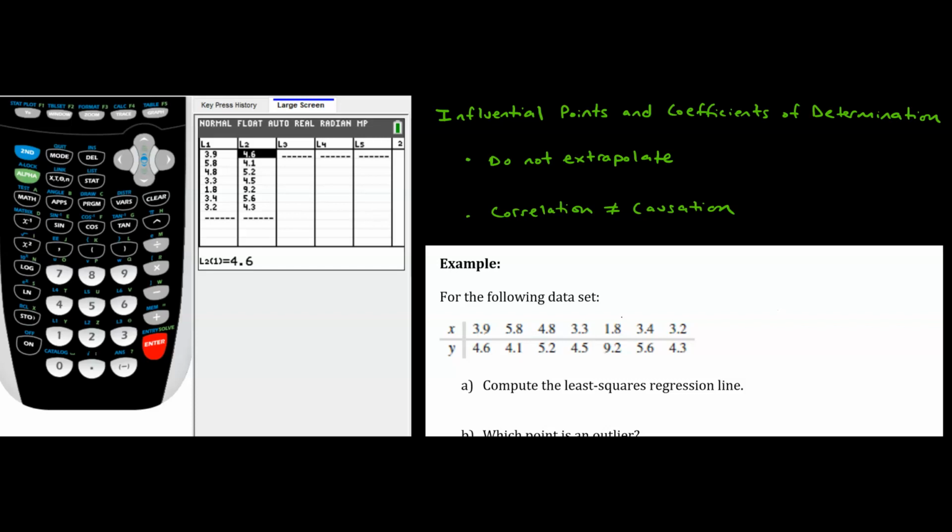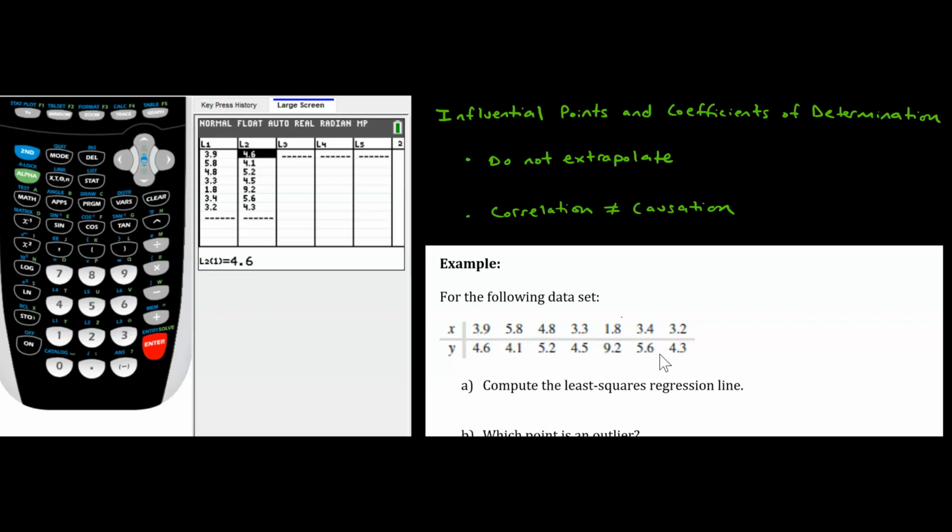You should not confuse that with one variable causing the other. It's also very difficult, even from a statistical standpoint, to prove that one variable is causing the other. So again, our emphasis here is on associations or correlations and not one variable causing the other.